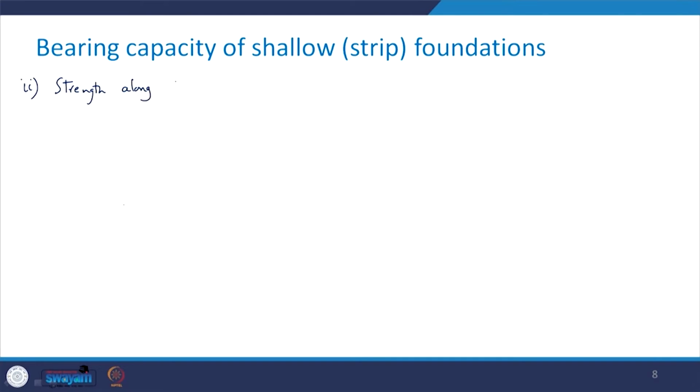along the discontinuity plane. This is going to be the function of theta with respect to phi j. You recall we discussed about the single plane of weakness theory.